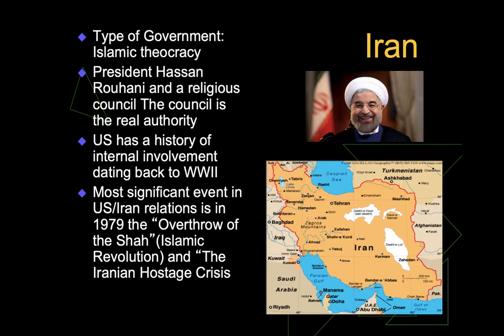So ultimately, what happens is the U.S. went from being close friends and allies with Iran to becoming one of their most despised enemies over a series of events.